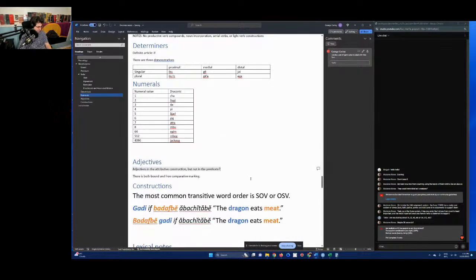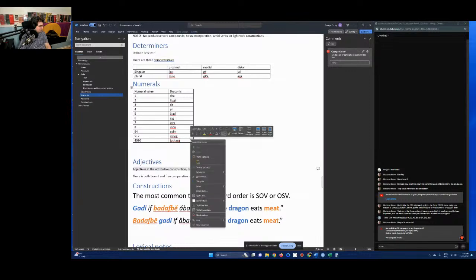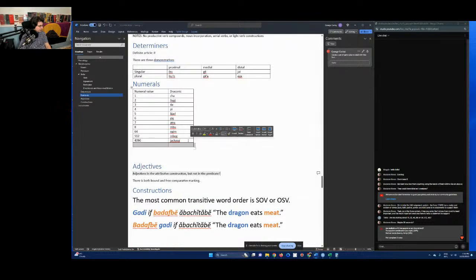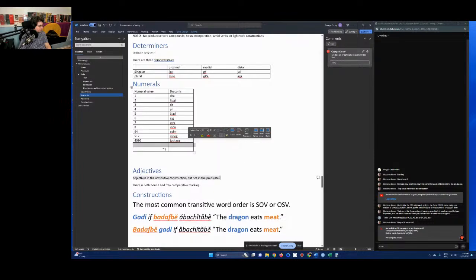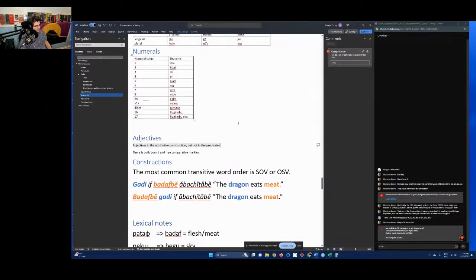So that means that I'll just add on to the table. 16 is going to be Nugimbu. 17 would be Nugimbu cha. And I think that's all we need to do.